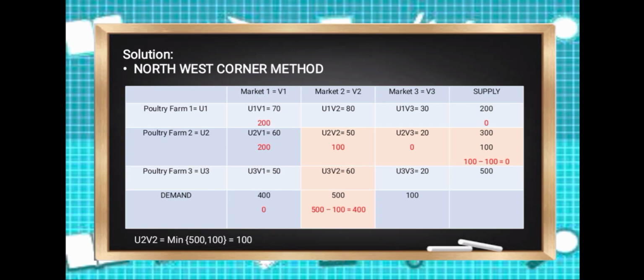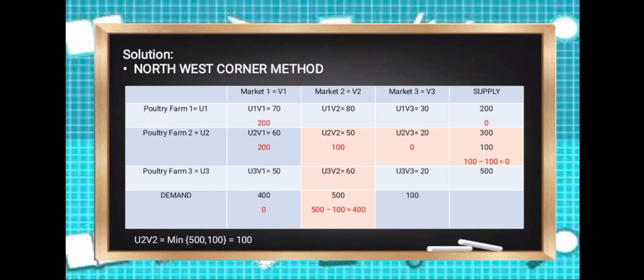Since we have the demand of 500, 500 subtract 100 is equal to 400. And our supply 100 minus 100 is equal to 0. Since the supply of row 2 is 0, the rest in row 2 is 0, which means U2 V3 is 0.